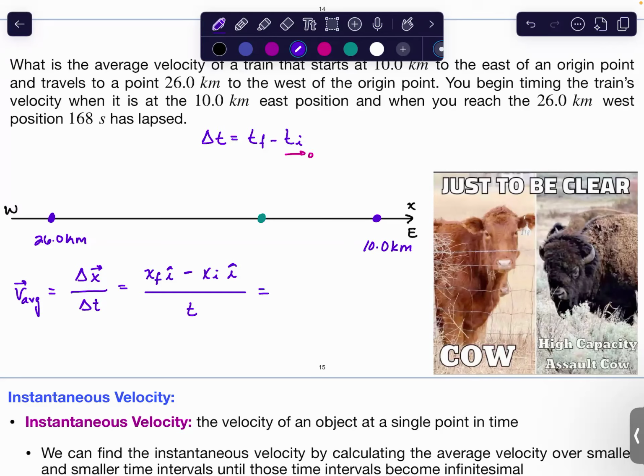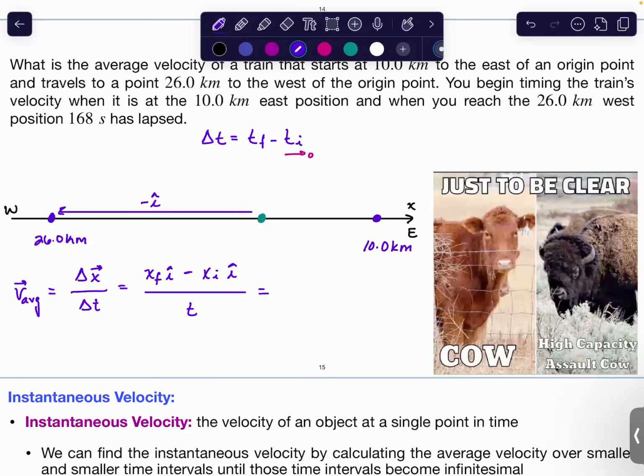Okay, so based off this being our system, what is the sign on x final? Negative, because your x final is going to go that way. That's the negative i hat direction.